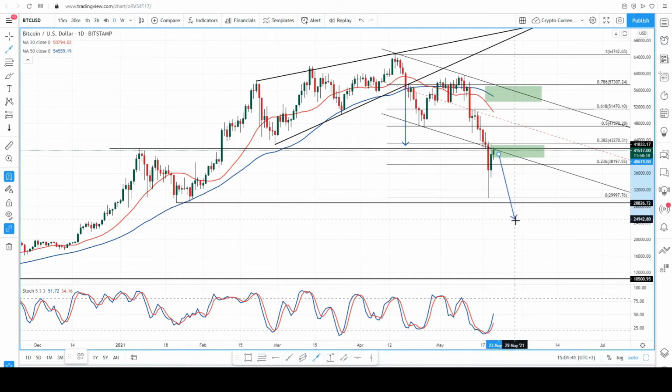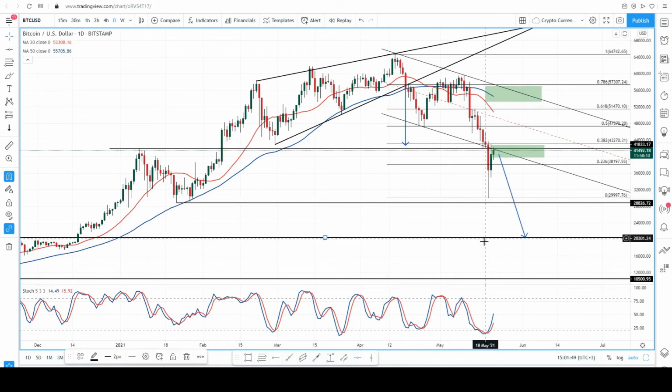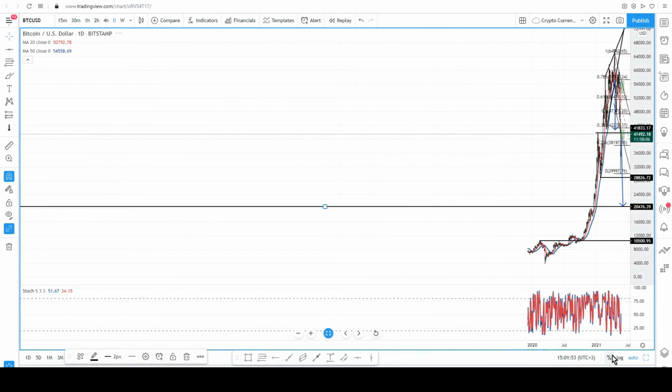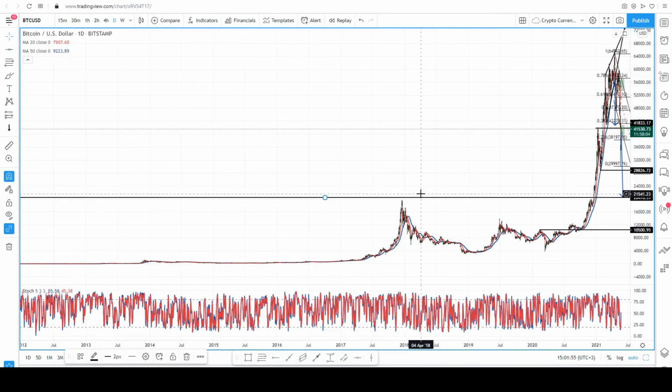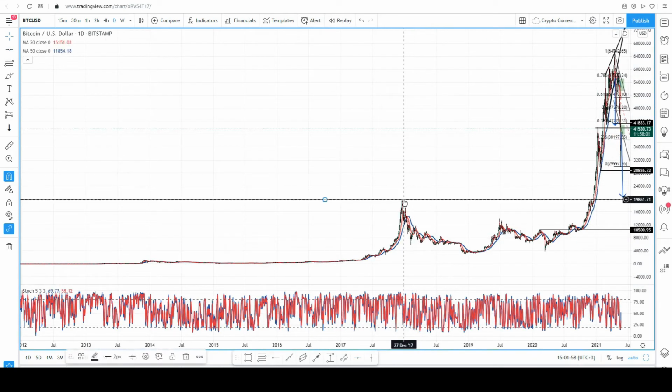We need to look for something significant, and I think if we go back to, let me just draw a line here, around 20k. So if we go back with the price history, we can see that the previous all-time high from December 2017 is right here.